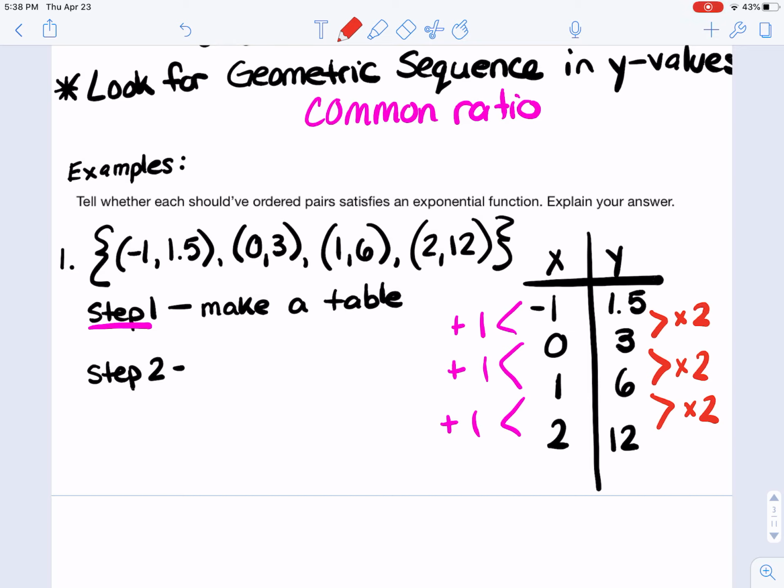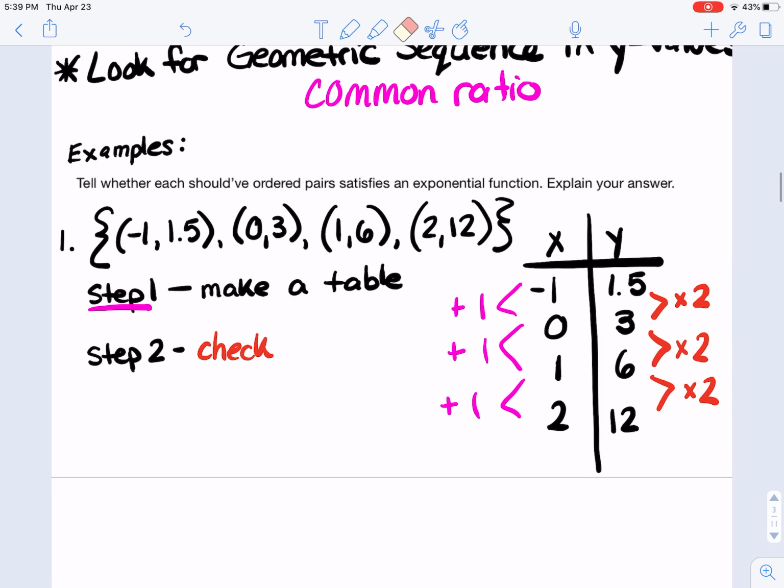Now, if one of those was different from the others, even if one of them I had to multiply by 2.1, that would make it not exponential. So you want to check for your common ratios. Sorry, I keep messing up and saying differences, the common ratios. In this case, they're all the same.